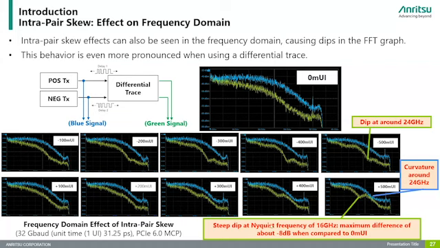When you give a 500 milli skew, at the Nyquist frequency you have 8 dB additional loss compared to the 0 UI skew, which means you will lose 8 dB at the Nyquist frequency, which is the fundamental signal component. So you will lose a lot of the signal's energy.